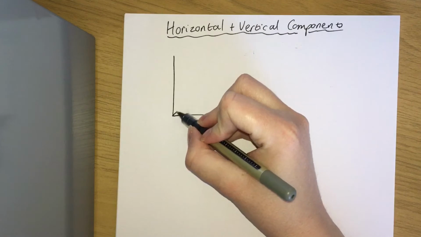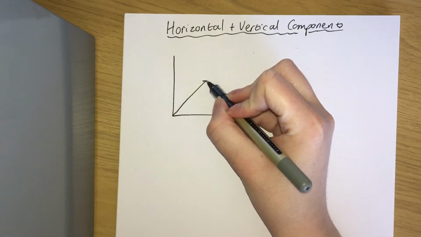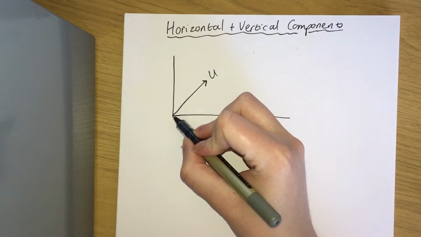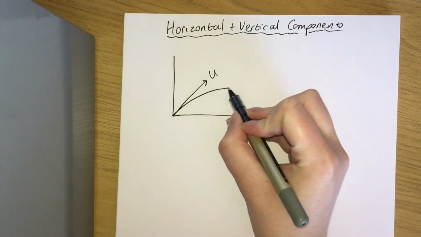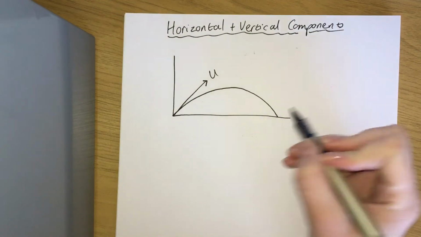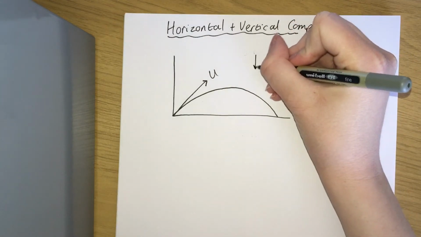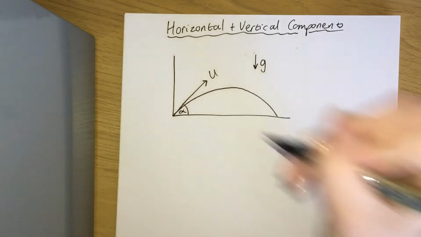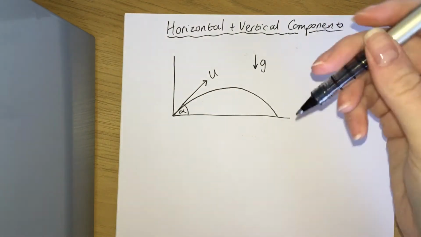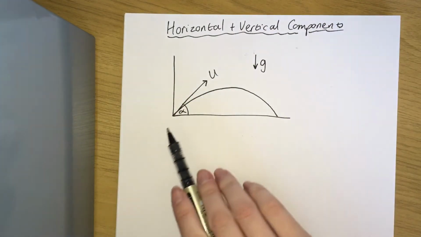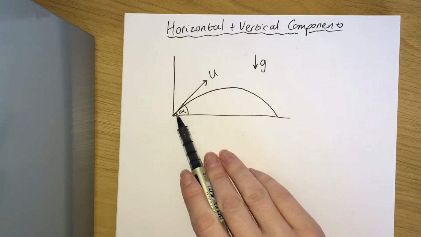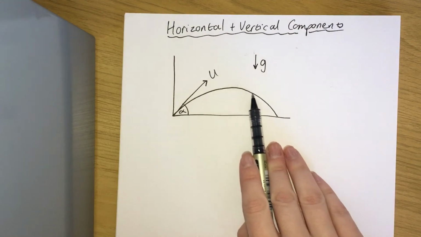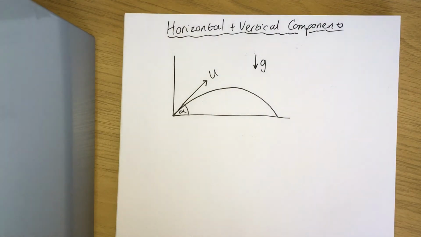So something might have been released at an angle with an initial velocity, u. If it's released at the angle, it's going to create an arc like that because we have gravity acting downwards, and it's our angle alpha. So gravity acting downwards is obviously going to influence the velocity and then cause it to come back down.